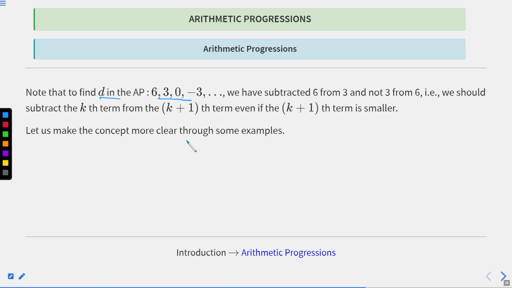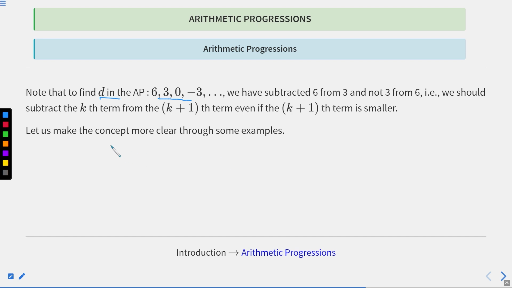That is, we subtract the kth term from the k plus 1th term, even if the k plus 1th term is smaller than the kth term. Generally, when we find the value of D, we should subtract the kth term from the k plus 1th term.